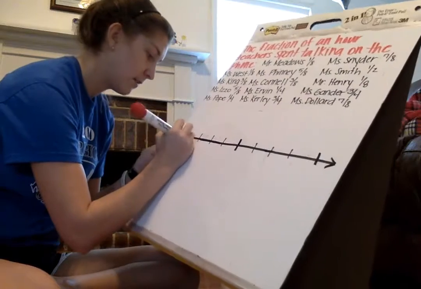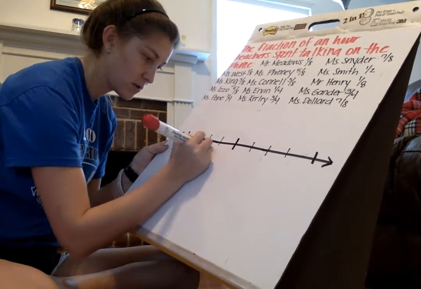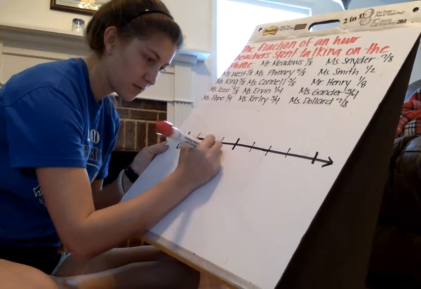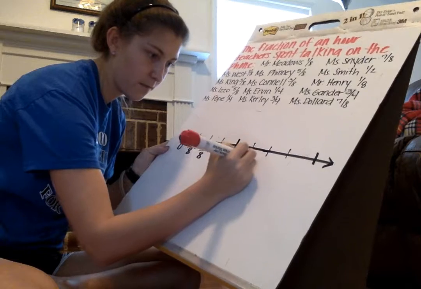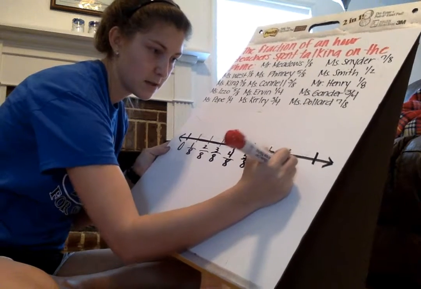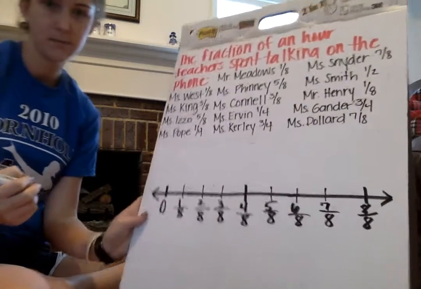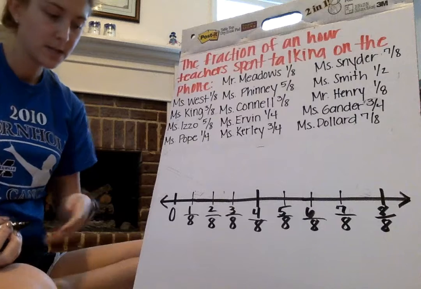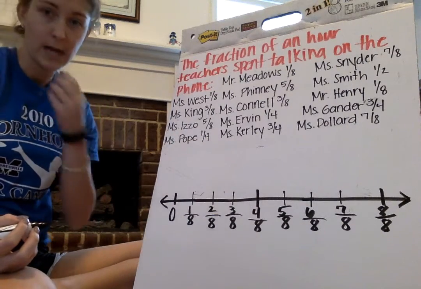So I have 0, 1/8, 2/8, 3/8, 4/8, 5/8, 6/8, 7/8, and 8/8. We obviously know that 0 means 0. 8/8 would be the whole 1 hour.